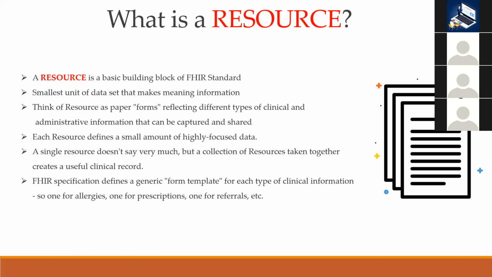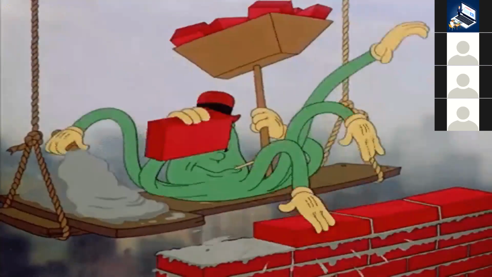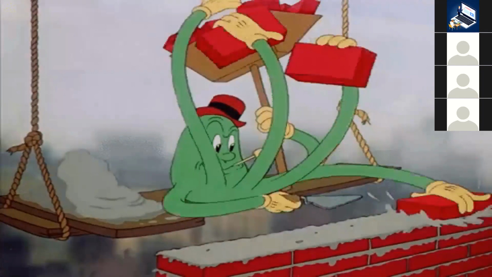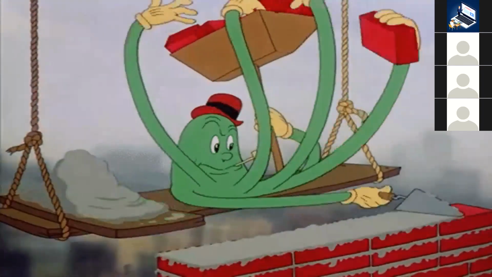If you take patient resource, you'll have many data elements within that patient resource. What are the data elements that should be involved in that particular patient resource, and what is the structure of each element when you are working with that patient resource will be explained with the help of the resource specification, with the help of FHIR specification. So as I said, one single resource may not make much difference. You have to combine one or more resources to form a meaningful sense out of it.